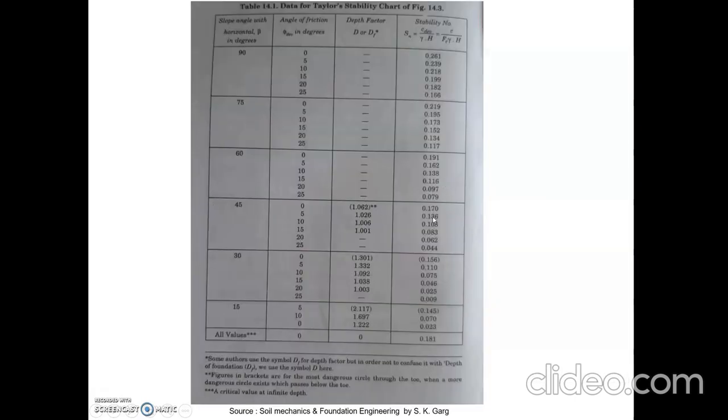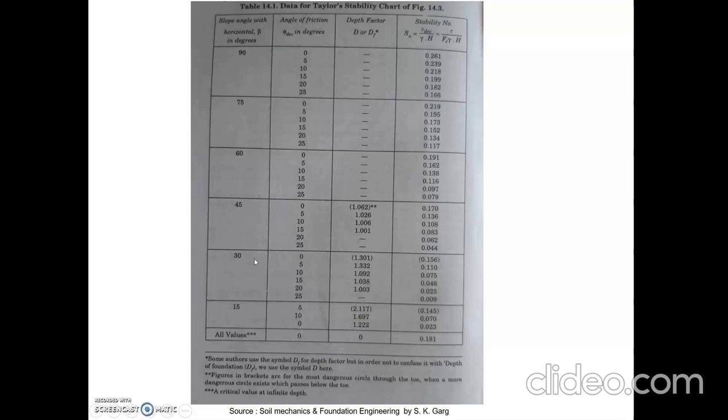So the values of Sn for beta, phi and depth factor are shown in this table. So we can refer to the chart or this table in order to get the value of stability number, that is Sn. For example, if we want to find Sn for beta equal to 45 degrees, phi equal to 10 degrees, we can come to know that stability number is 0.108.